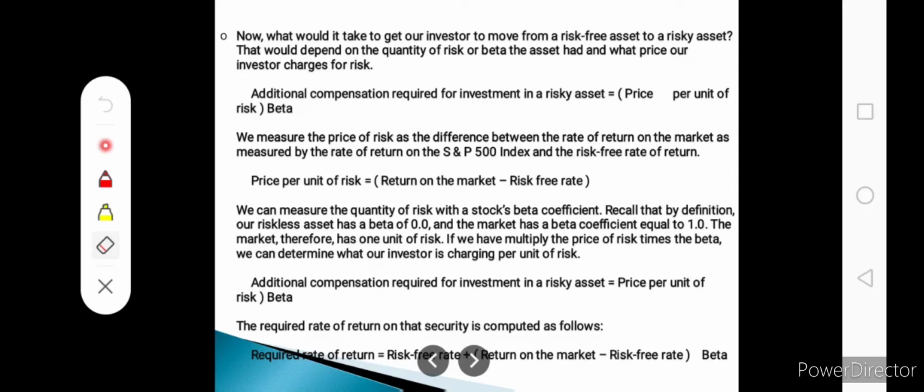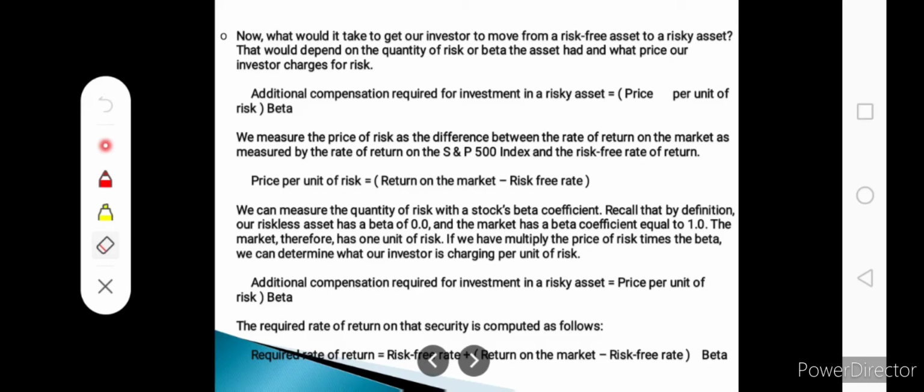So in this, we can measure the quantity of risk with a stock's beta coefficient. Recall that by definition, a risk-free asset has a beta of 0.0 and the market has a beta coefficient equal to 1.0. The market therefore has 1 unit of risk.